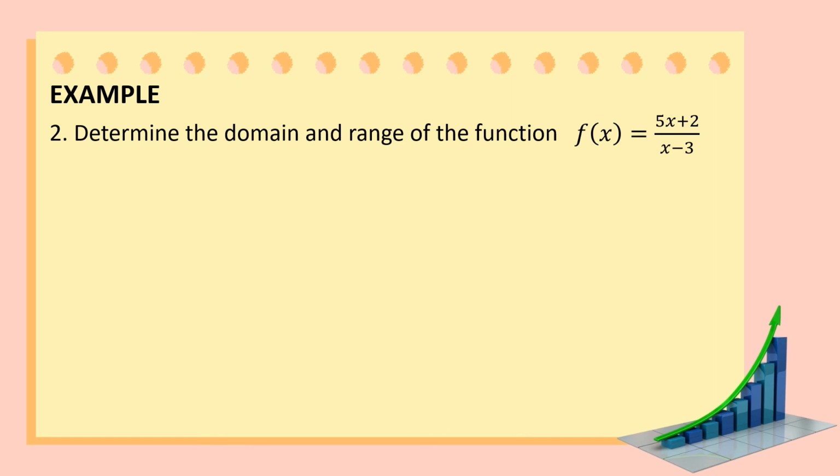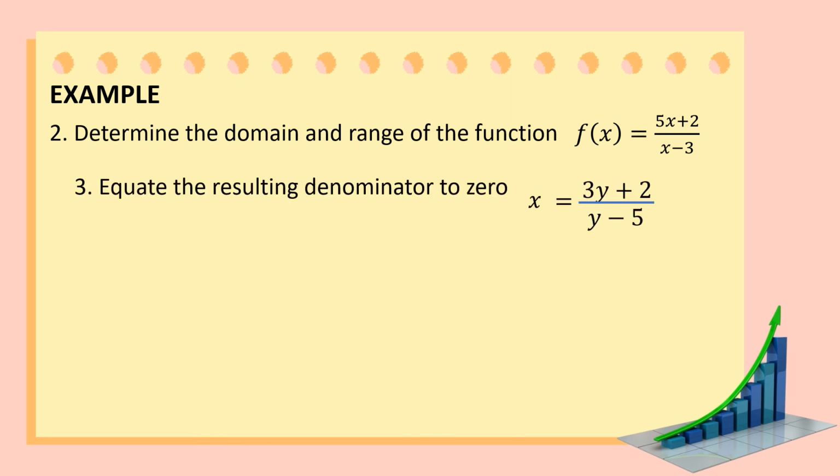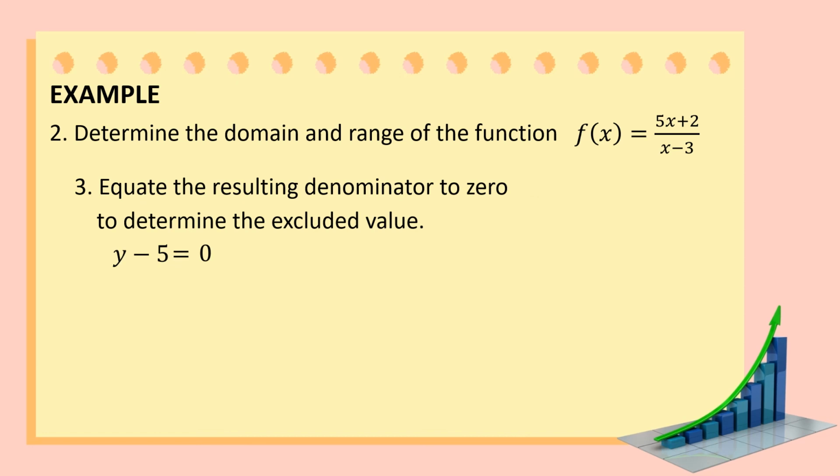For our third step, we are going to equate the resulting denominator to 0 to determine the excluded value or values. We copy our denominator, which is y minus 5, then equate it to 0. We transpose negative 5 to the right side of the equation.